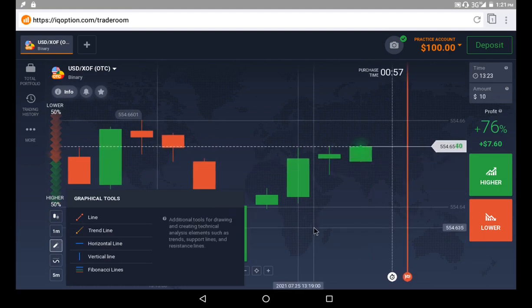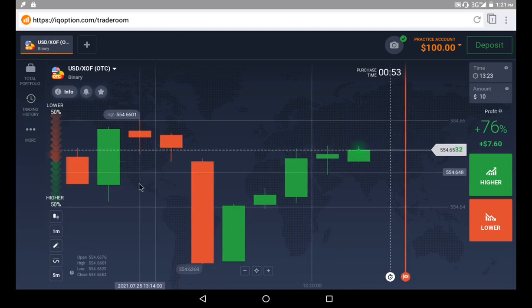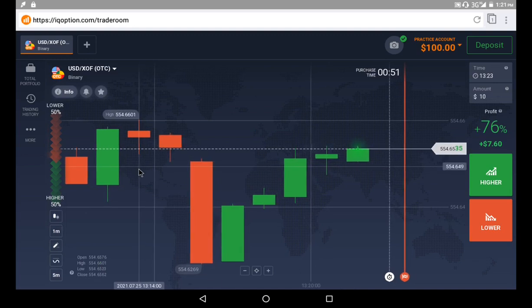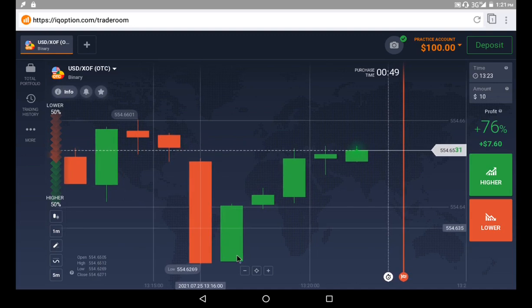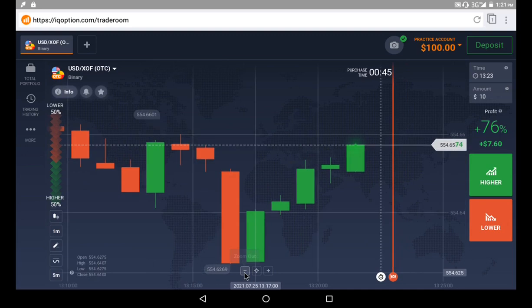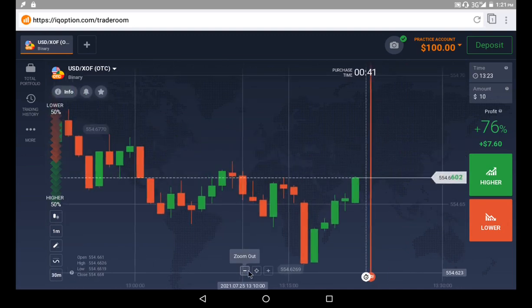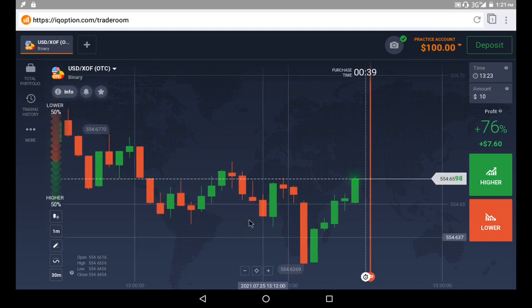You see, there is no round number. So that is the reason why, even while you are trading, guys, you need to constantly zoom in and zoom out your chart. Seriously.